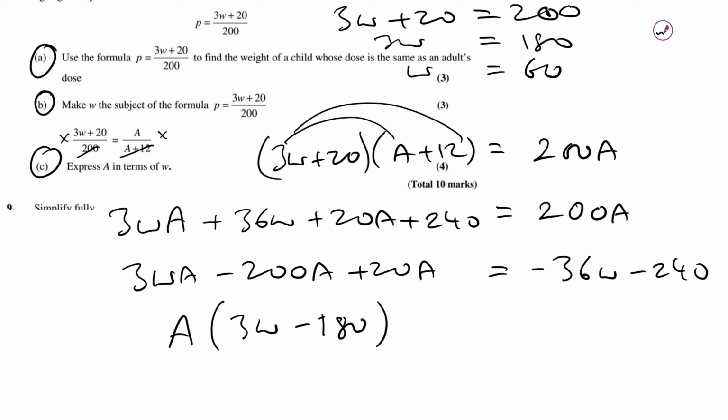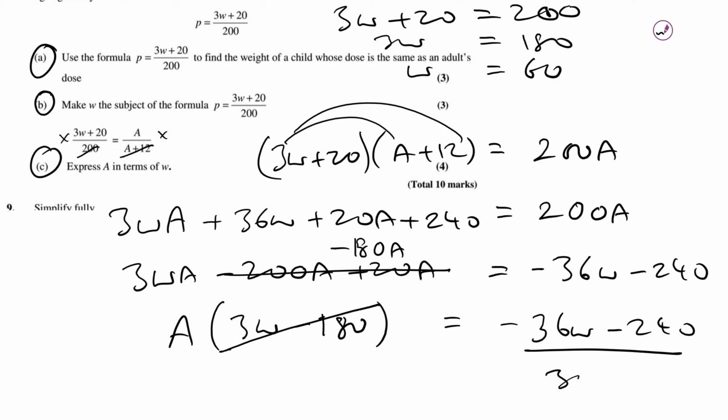I'm going to put a line through that, and minus that, 180 A's. Then equals 36W minus 240, and you just put that over on the bottom. You got it. Excellent. 3W minus 180, and you've done a really good question. Nice one. That was really good.